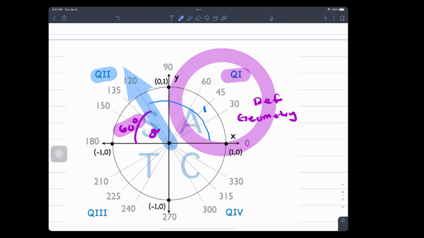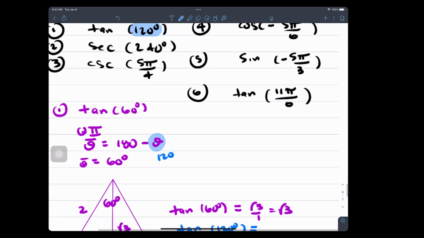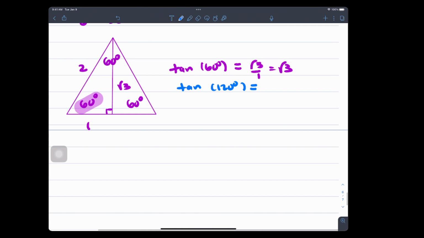This is the angle they're asking. So that angle lives in quadrant 2 where sine is positive. What does it mean about tangent then? What does all students take calculus mean? Only sine's positive, which means tangent is what? Negative. So the final answer is negative square root of 3 here. So ladies and gentlemen, there it is.